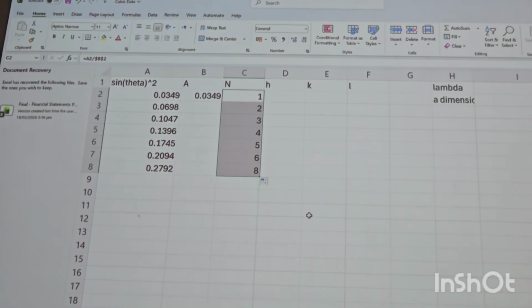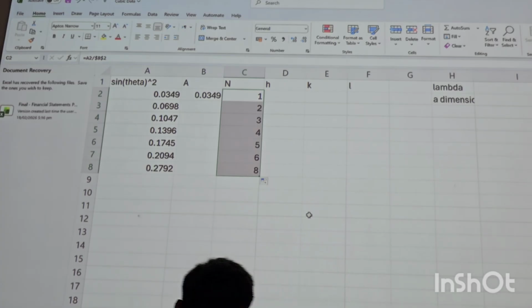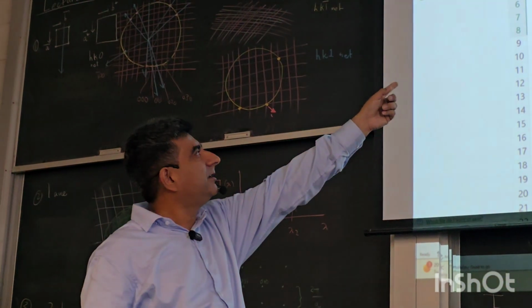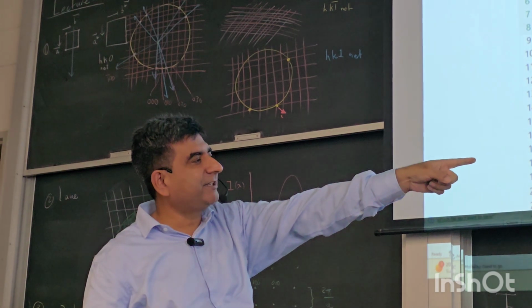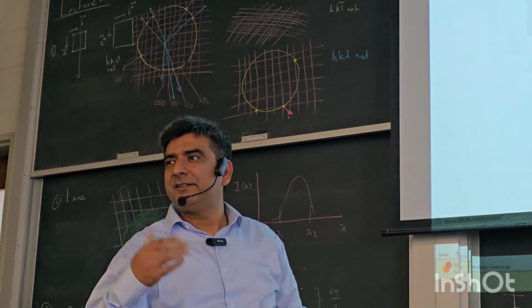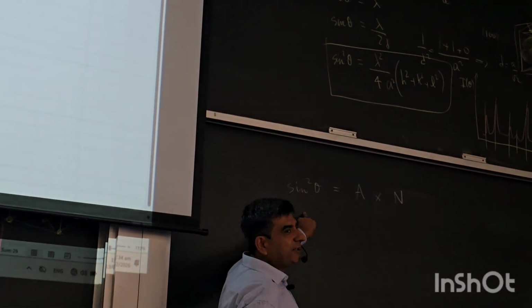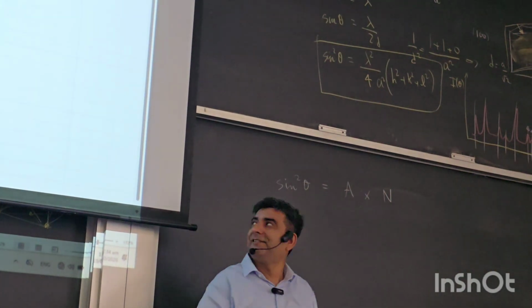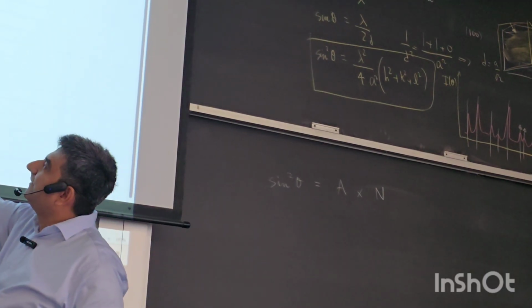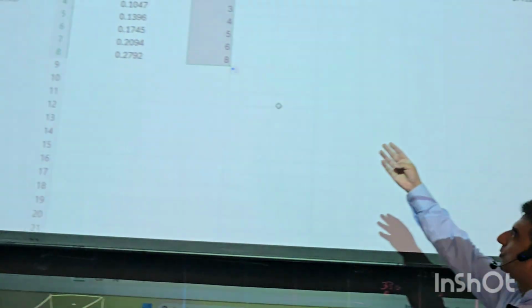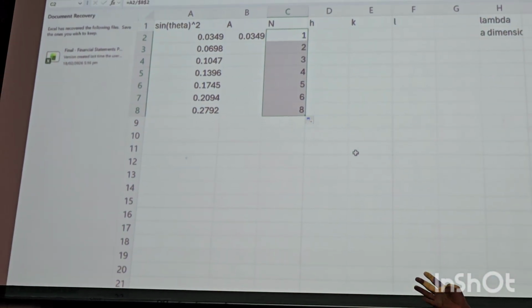So now what I've done is I've not arbitrarily, but I've chosen some A. A, of course, is sine square theta divided by some integer. So I can do a search. I can first see if I put n equals 1, if my A equals sine square theta over 1, then for that A, would I get integers for all the other reflections?